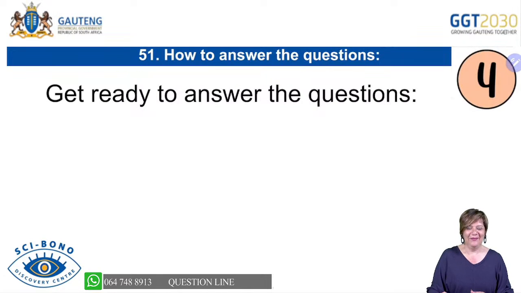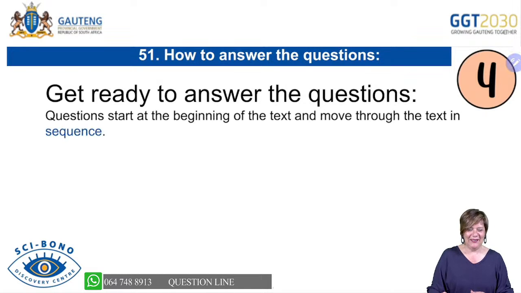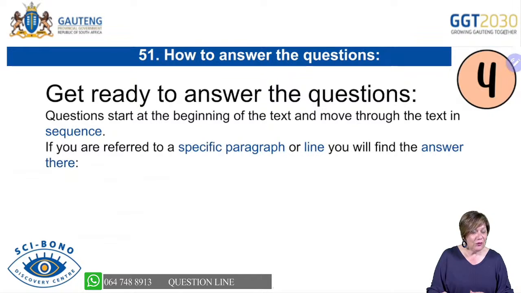So, let's get ready to answer those questions. The questions will start at the beginning of a text and move through the rest of a text in sequence. We will refer you to a specific paragraph if need be. Make sure you go to that paragraph or line that we've suggested and just reread it once again.